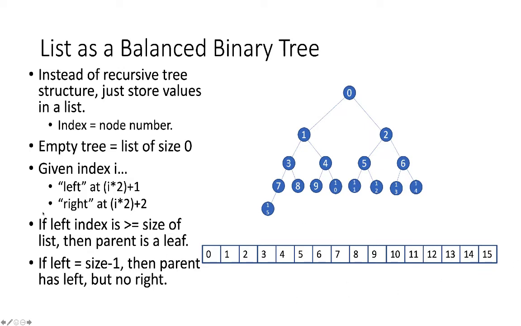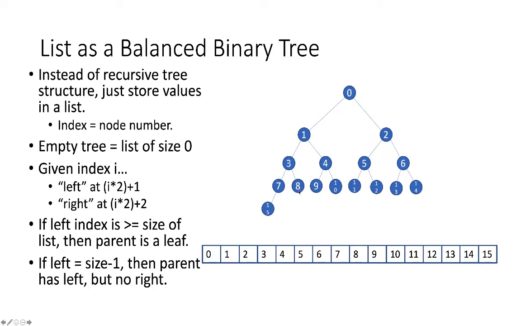In other words, if the left child index at a particular node is larger than or equal to the size of the list, then that node has to be a leaf, right? So for example, 8 here is a leaf, and we know it's a leaf because the index of its left child should be 8 times 2, 16, plus 1, 17.